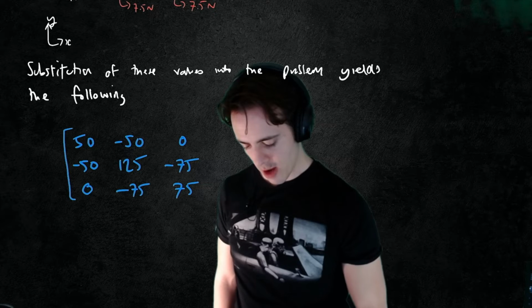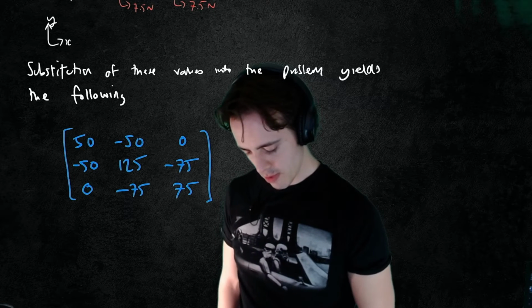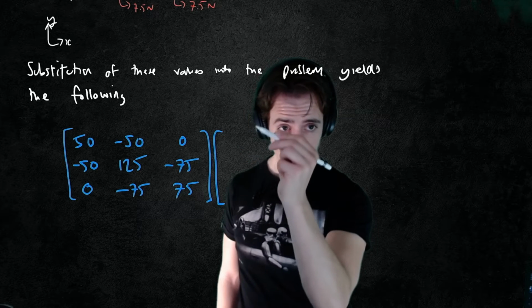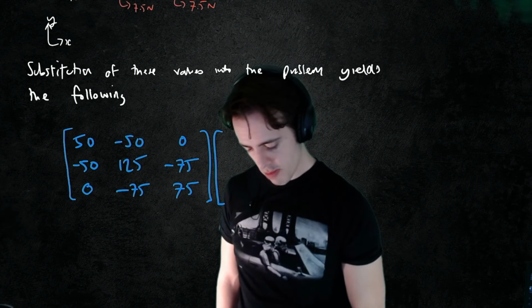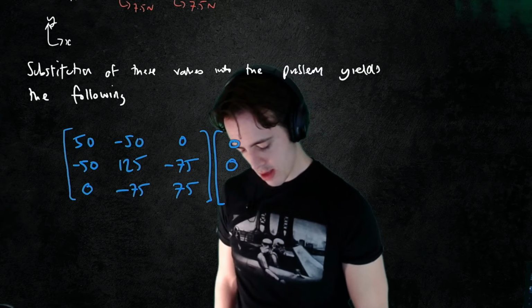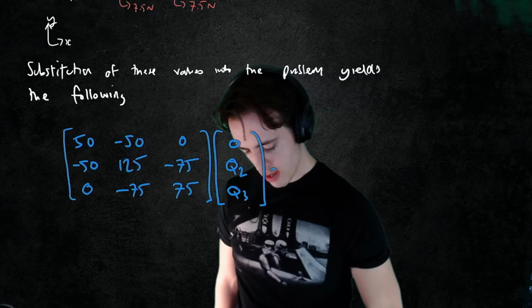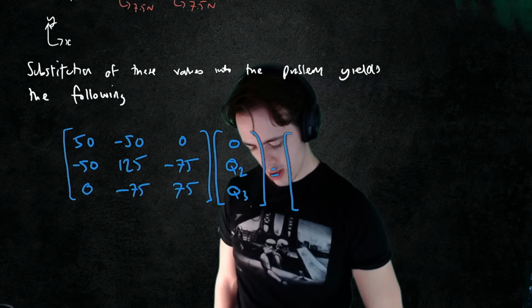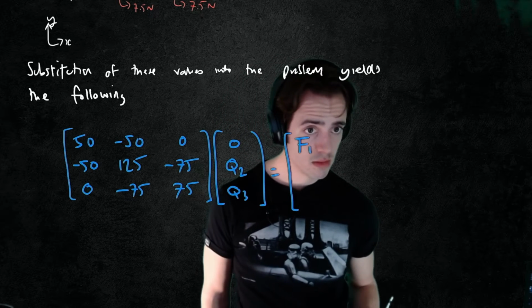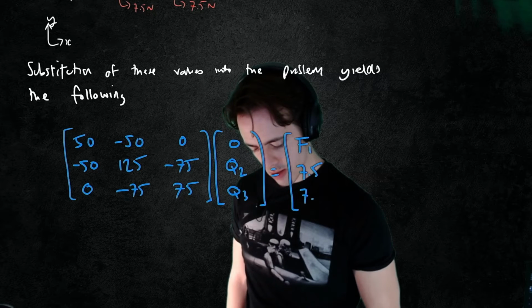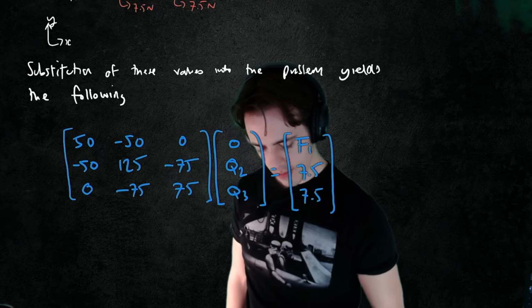And we're going to have 75 here. We've then got Q1, which we've set to be equal to 0, so it's 0 here. Q2 and Q3 is equal to the unknown reaction, F1, and then we've got 7.5 and 7.5.